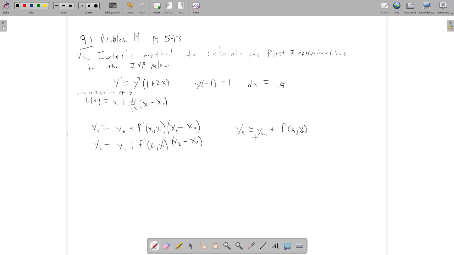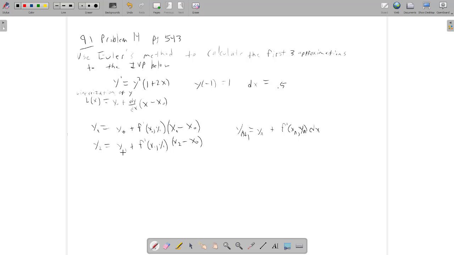I really should have done n plus 1. That would have made for a simpler notation. I'll change that around. Okay, so this becomes x sub n, y sub n, and then times our delta x, or dx. That's going to be our formula. That'll get us subsequent approximations. And this is Euler's method. You evaluate at each point which direction you're going based on the derivative, and then just find it.